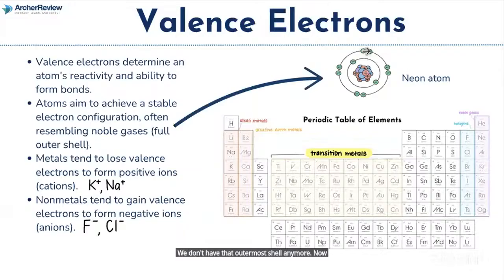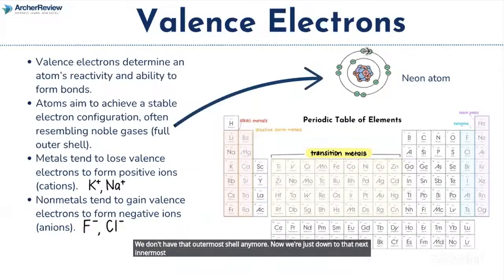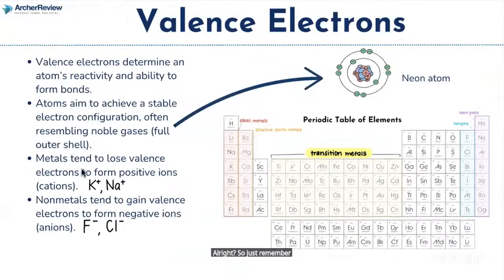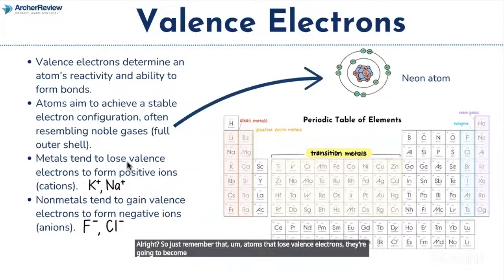Now we're just down to that next innermost shell, which is full. So there's that either gain or loss of electrons. But no matter which circumstance, we're talking about valence electrons. All right, so just remember that atoms that lose valence electrons are going to become cations, or positive ions.